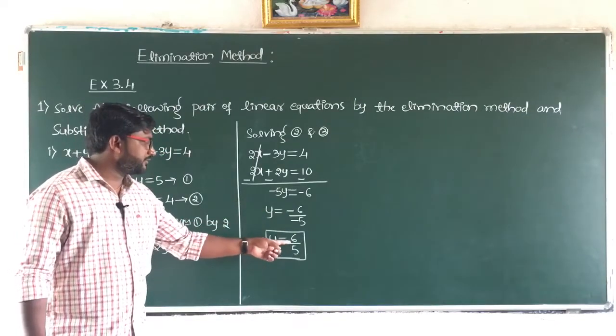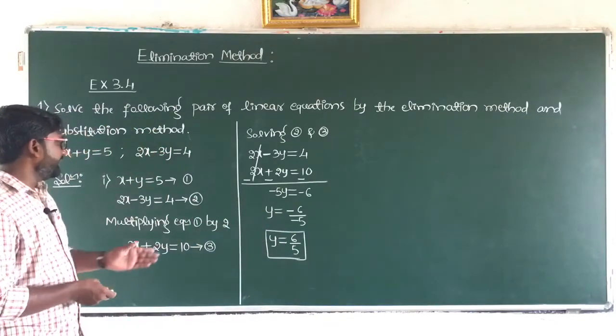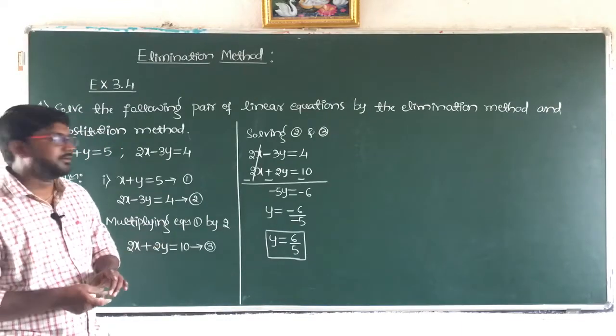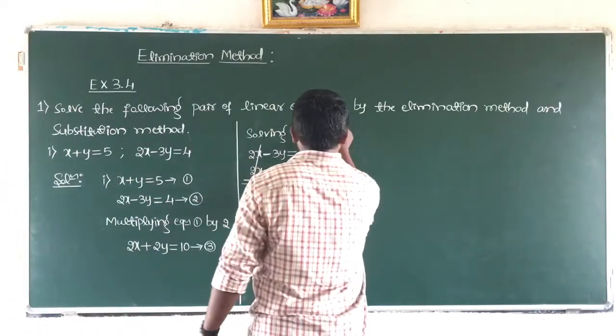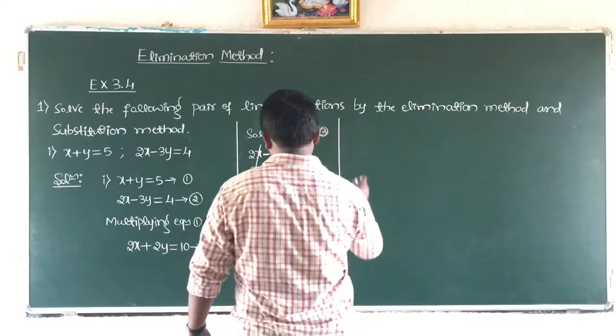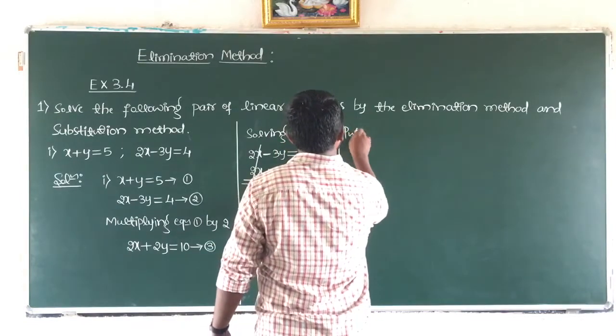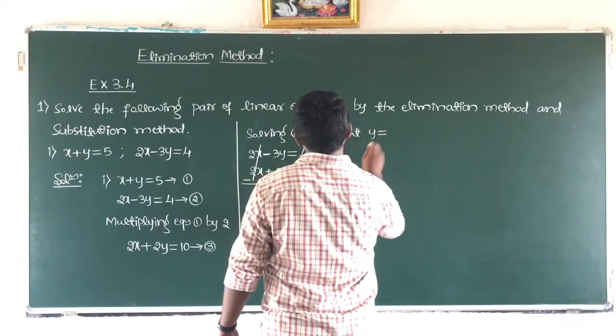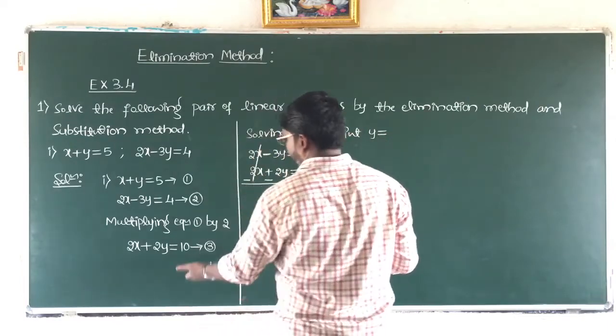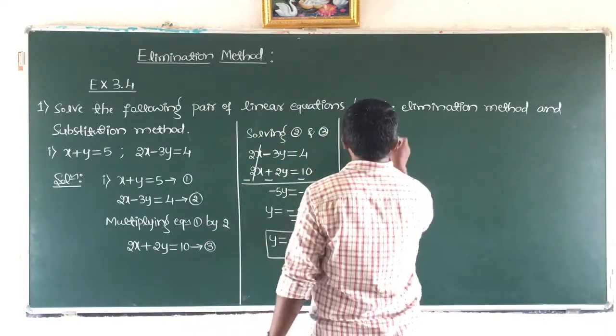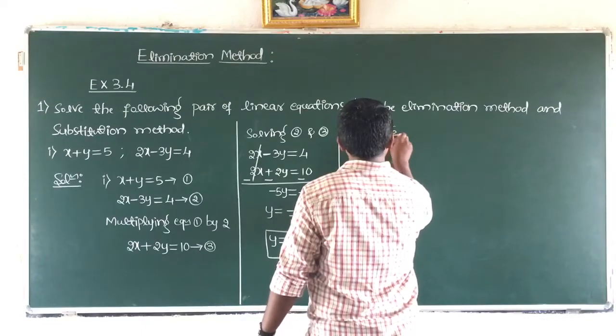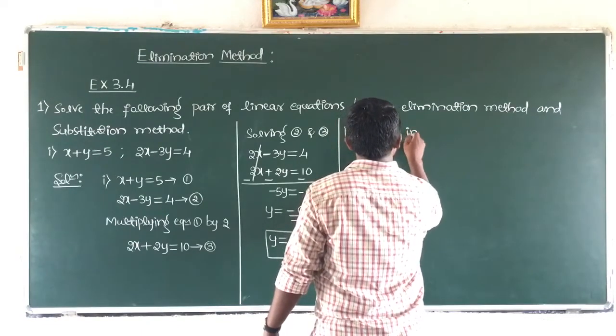Now substitute y equal to 6 by 5 to get the value of x. We can substitute in either 3 or 2. So put y equals 6 by 5 in equation 2.